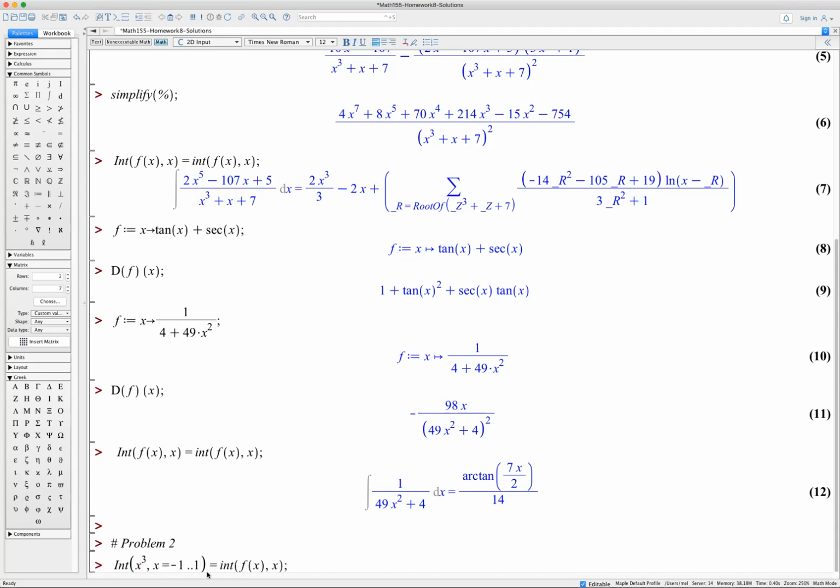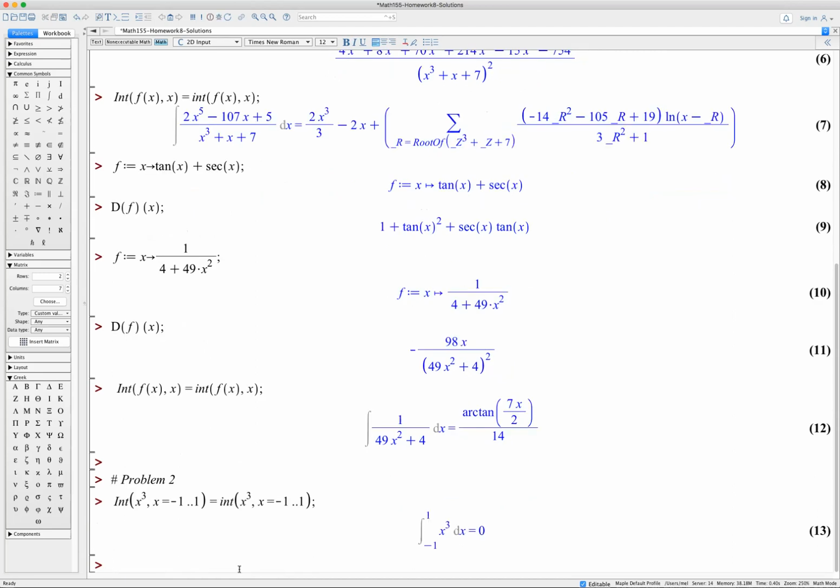X goes from -1 to 1. Let's go from -1 to 1. Wow, so it turns out that answer is 0. It's an interesting exercise to understand why that is.